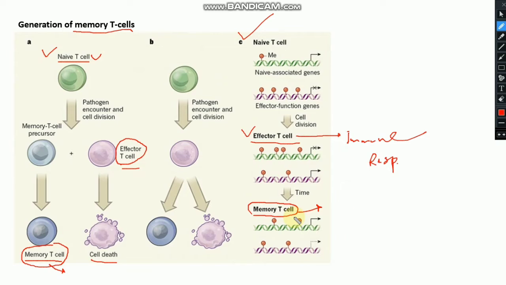Before reinfection, these memory T cells do not respond to any pathogens. These trained memory T cells have a very specific job: they start responding only when reinfection occurs. This is the main difference between the memory T cells and the normal effector T cells.